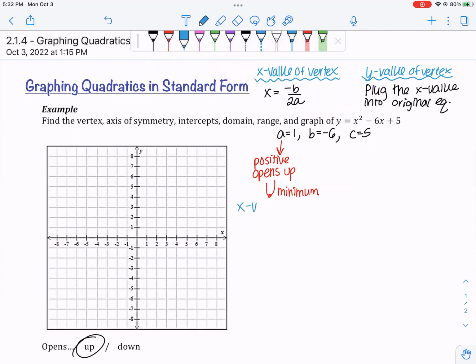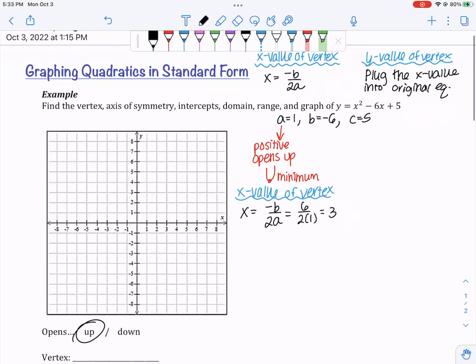Okay. X value of vertex. So this is going to be x equals negative b divided by 2a. Negative 6 is positive 6. A is 1. So the x value of the vertex is 3. And to be very clear, what happened here with the 6 is that I did negative 6, which becomes positive 6. So the x coordinate of the vertex is 3.